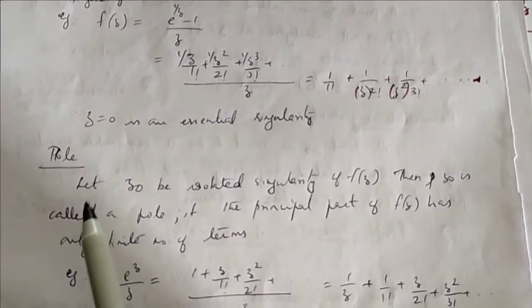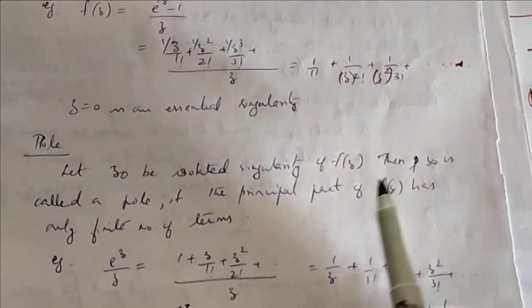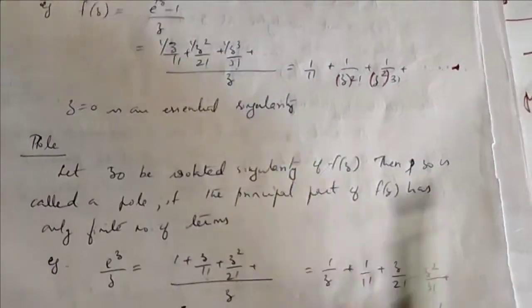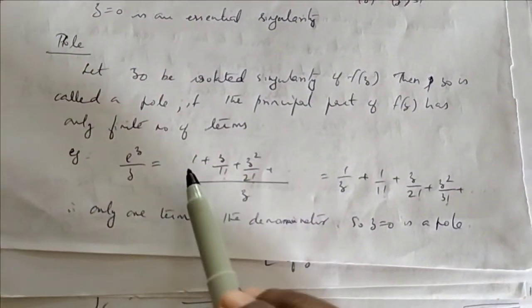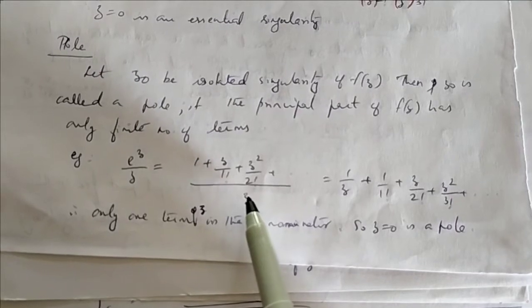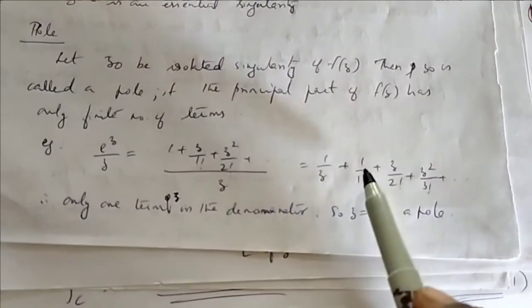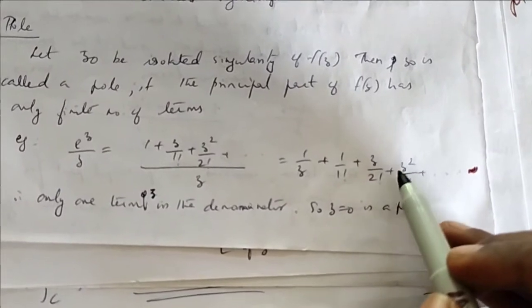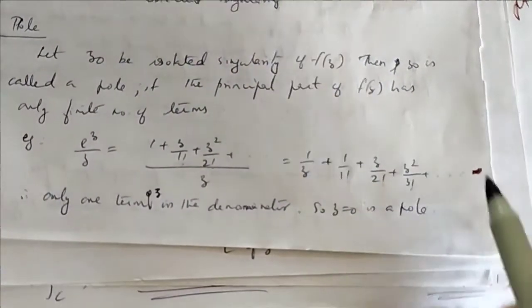Then what is a pole? A pole is also a type of singularity. First of all, z0 is an isolated singularity. Then it is called a pole if the principal part of f of z has a finite number of terms. For example, e raised to z by z. Expanding and dividing the whole by z, we get 1 by z, then z by z cancels, so 1 by 1 factorial, z by 2 factorial plus etc. There are infinite terms of z in the numerator, but that does not bother us.